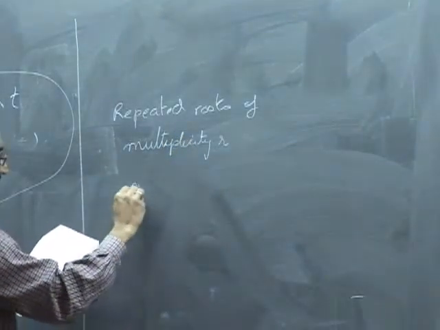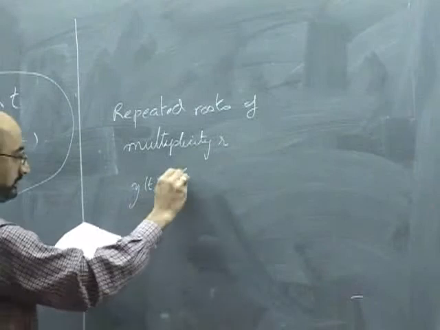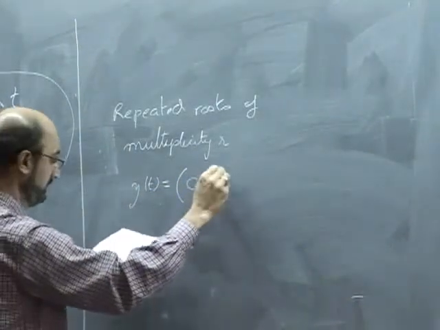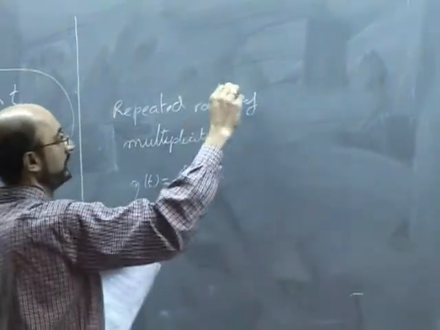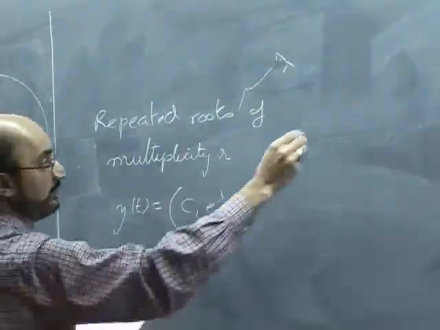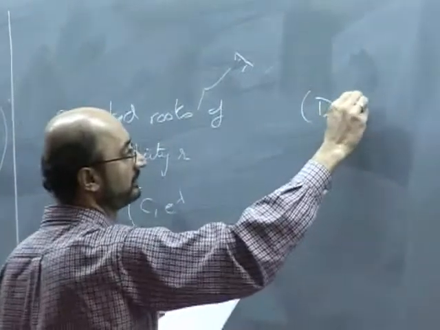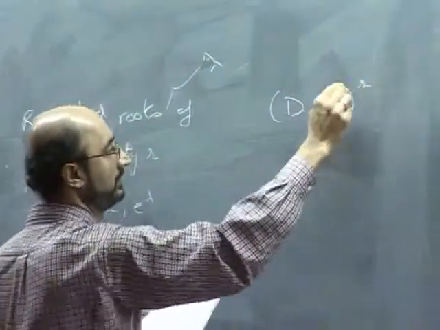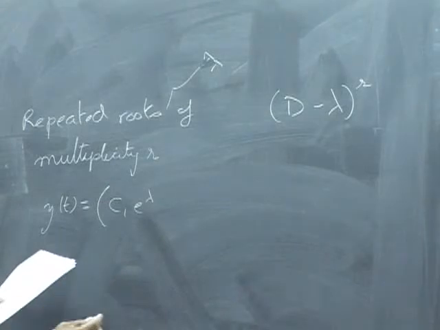we have y(t) equals c1 e^(λt). So for repeated roots, the root is λ, and that means we have something like (D minus λ) to the power r in the polynomial.